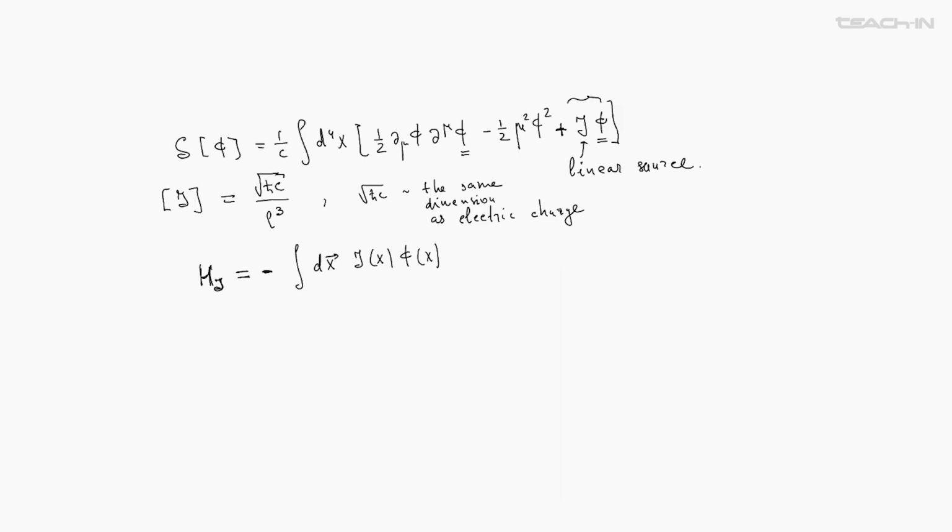Now, what we also see is that as soon as we add this source, the equations of motion for phi in the presence of this source get changed. And so the new equations of motion will have the following form.